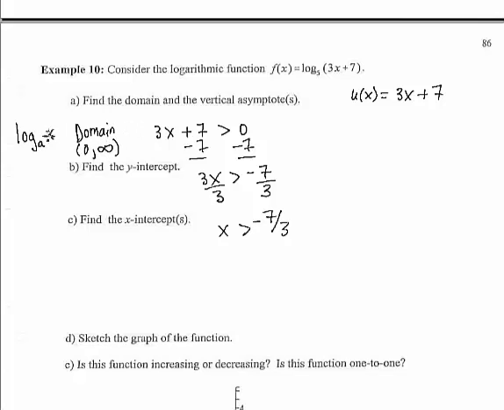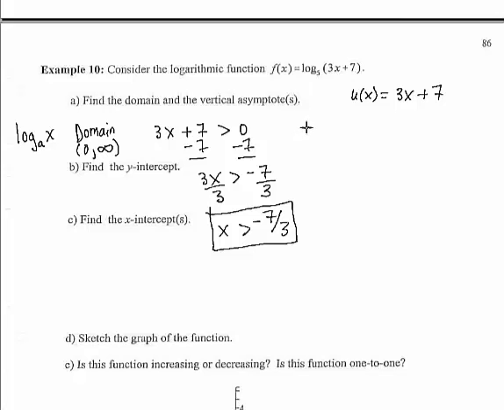Okay, but we don't just simply have x. This just means that we don't want the argument of the log to be less than 0, and that's exactly what we have written here. 3x plus 7 is not negative, it's greater than 0, and so this is the domain of this specific function, log base 5, with the argument 3x plus 7.